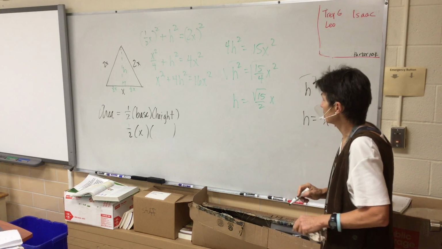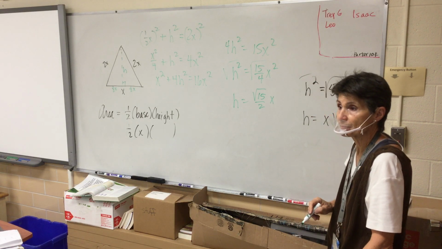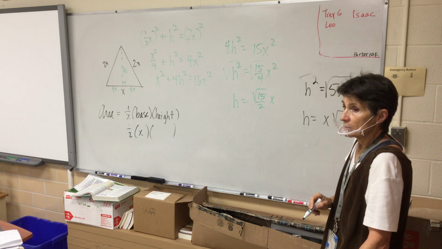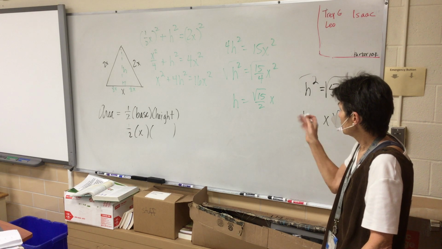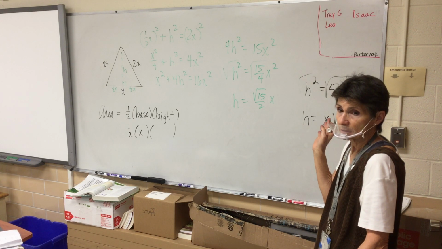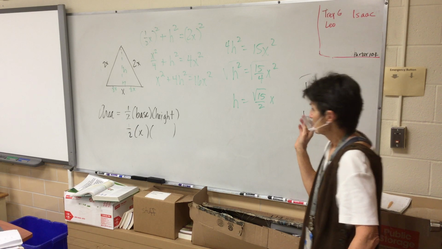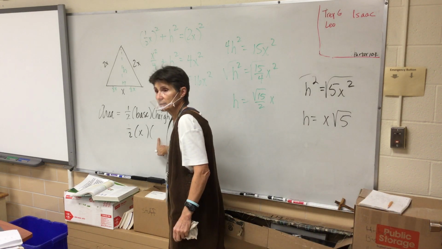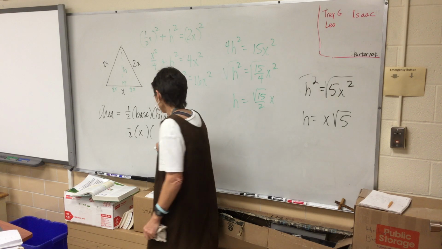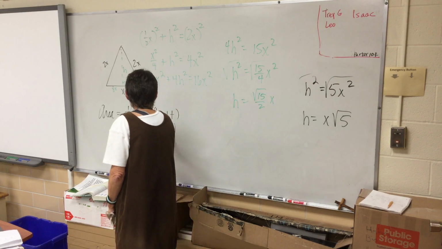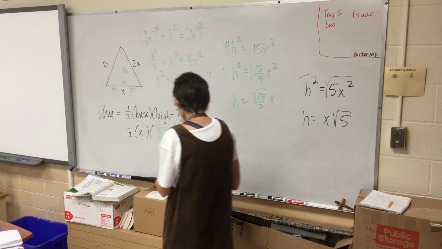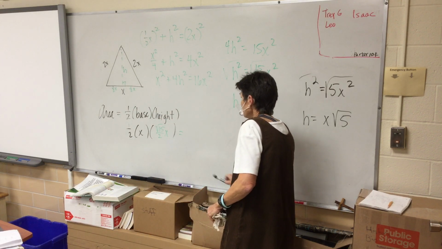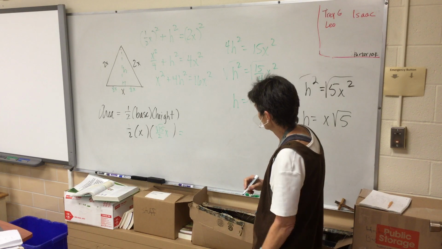Now, did I do something there that was confusing to anybody? What did I do all that for? We'll figure out. Now I have my height. All that was just to figure out what the height is, and then I can actually figure out my area.